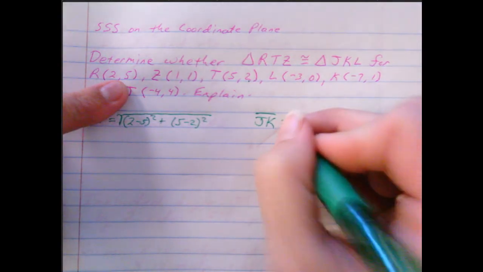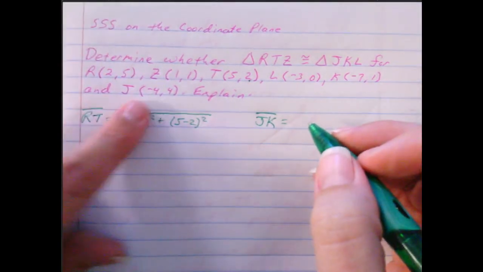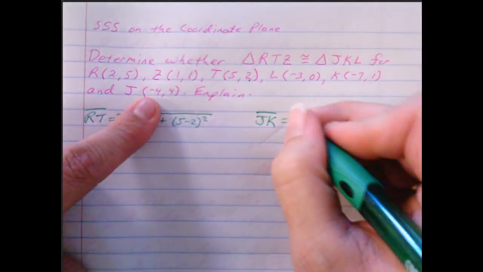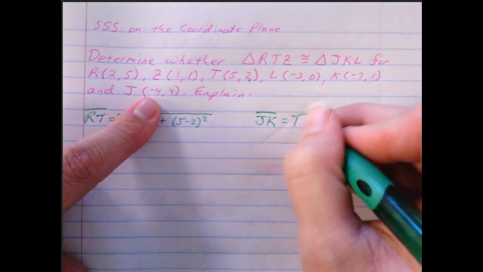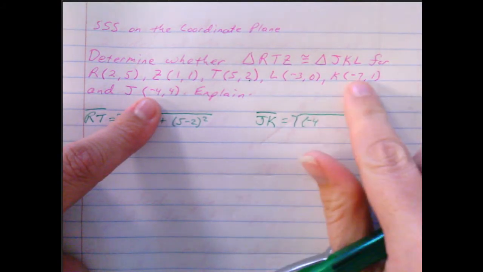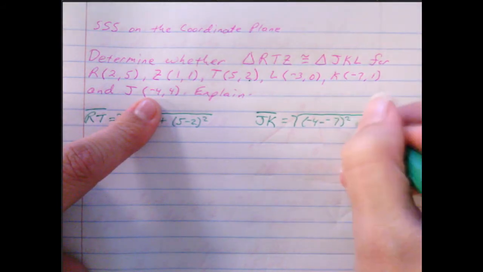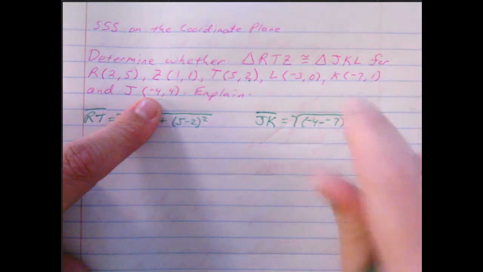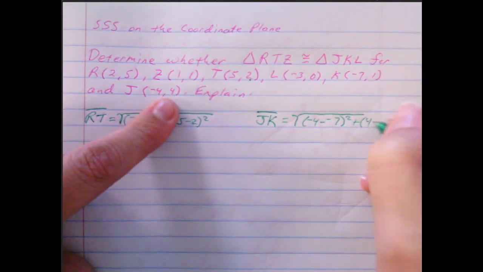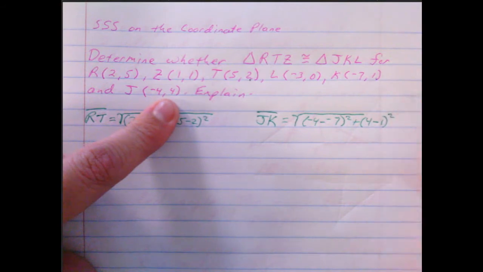And then we're going to come over and look at JK. So we have J is here. So we have a negative 4, K is here. So minus a negative 7 squared, plus our y's, 4 minus our y here is 1 squared.